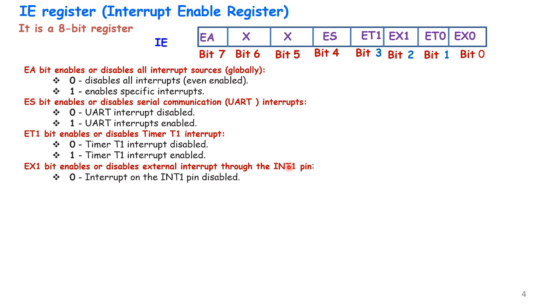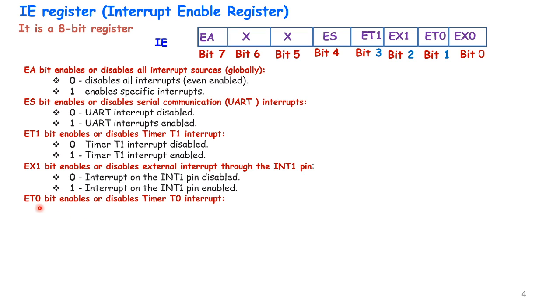When EX1 is equal to 0, the interrupt on INT1 is disabled, and when it is equal to 1, the interrupt on the INT1 pin is enabled.